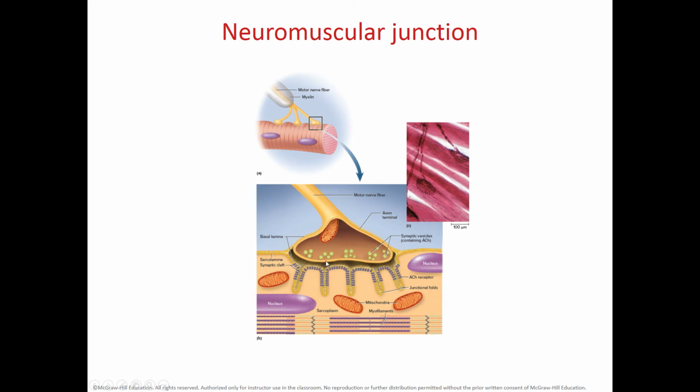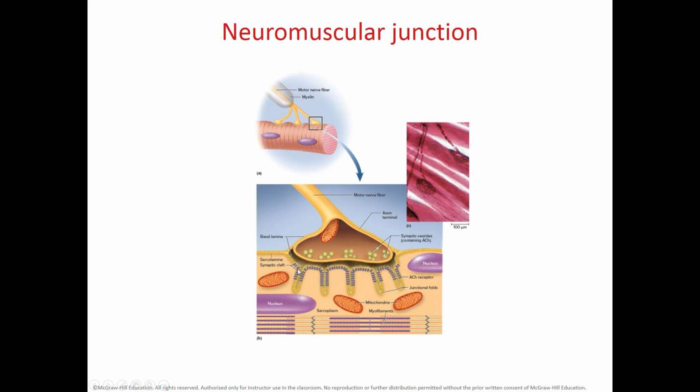Inside this axon terminal, you have these little green dots, which are the acetylcholine. Then you have the synaptic gap, and then the motor end plate, which is part of the muscle, the area that we have magnified here.